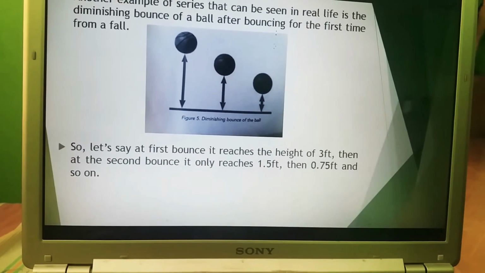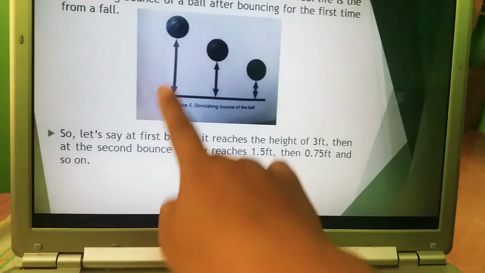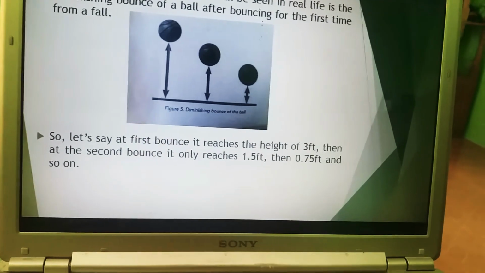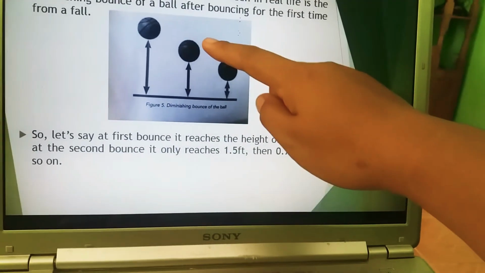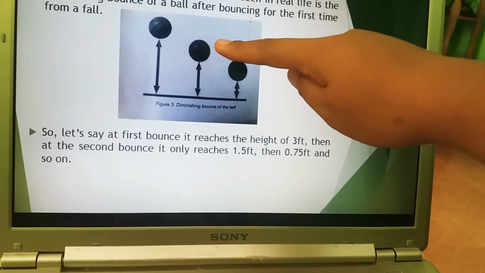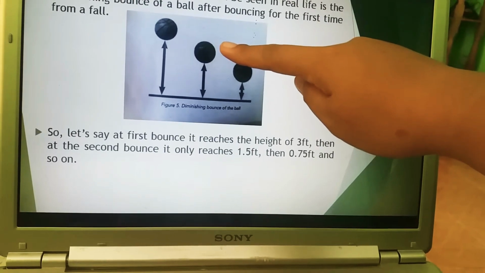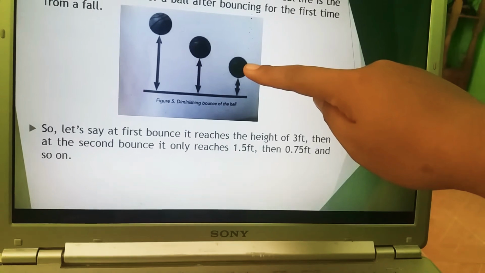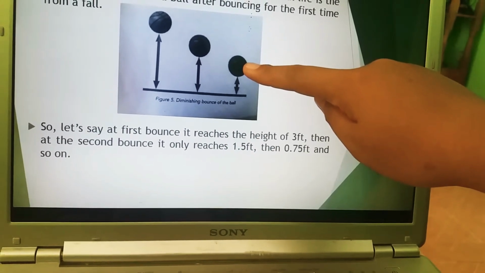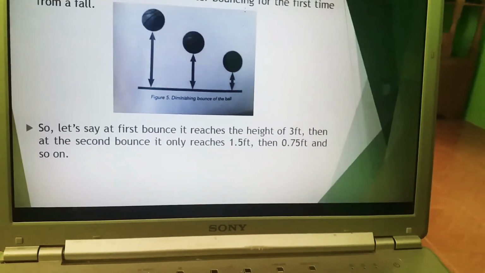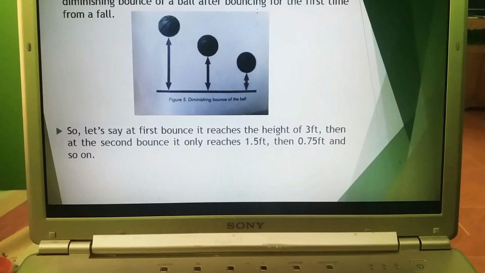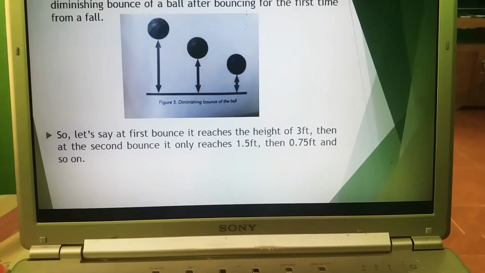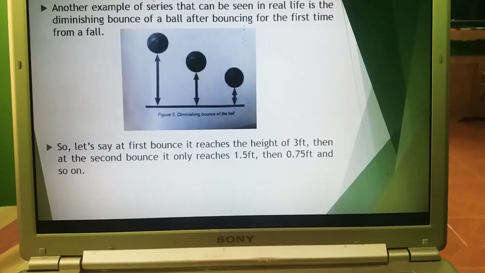Okay, so let's say that the first bounce reaches a height of 3 feet. Then the second bounce only reaches 1.5 feet, and the last one is 0.75 feet.